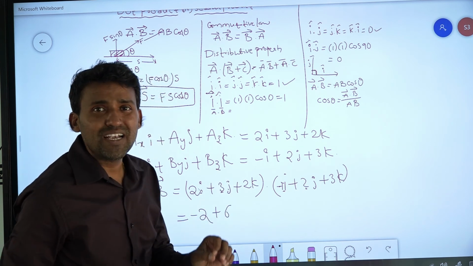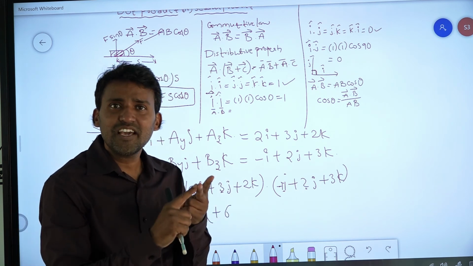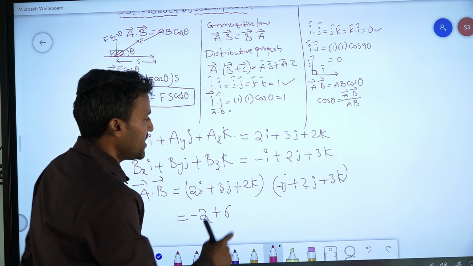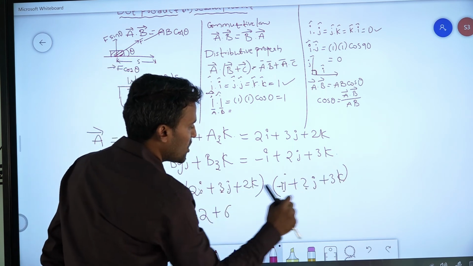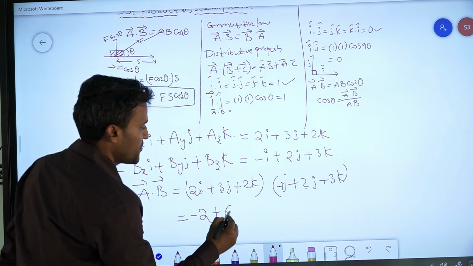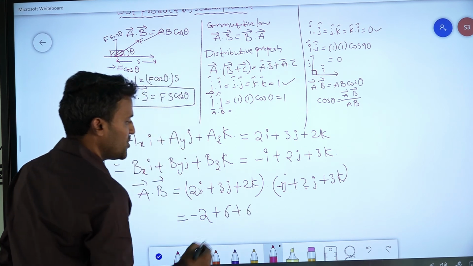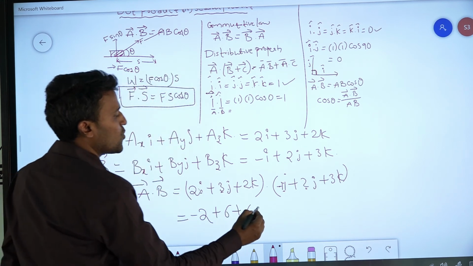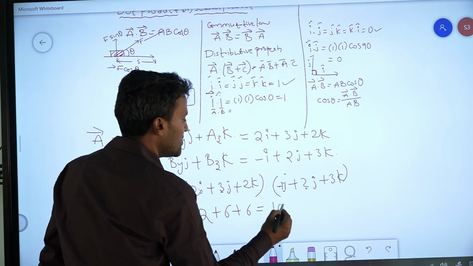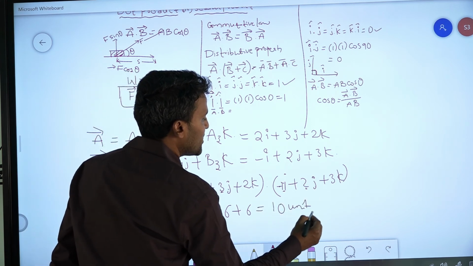Now k dot k is equal to 1, 2 into 3 is 6. So 6 plus 6 is 12. 12 minus 2 is 10. That is nothing but 10 units.